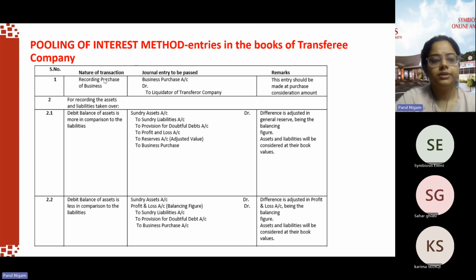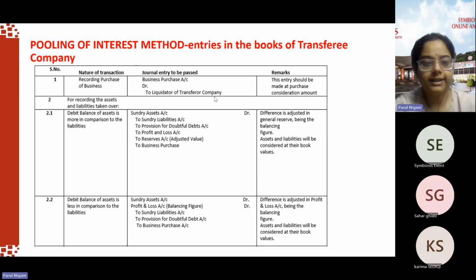Let's see the entries. The number one entry is when you are purchasing that business. When you're purchasing anything, what do you debit? You debit purchase account. Similarly, you will be debiting business purchase account because you're purchasing a business. So business purchase account debit to liquidator of transferor company. Why liquidator?